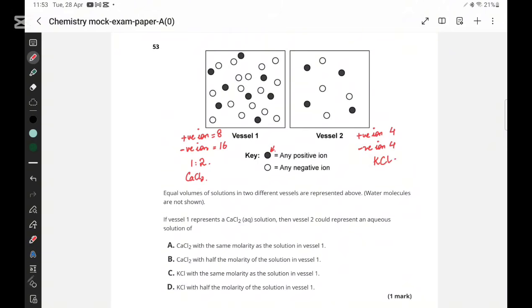Now, if you see positive ions are here 4 and negative ions are here 4. So if you move from this to this, you can see that it is going to be half the molarity. Half the molarity. So our right answer is going to be D, KCl with half the molarity of the solution in vessel 1.